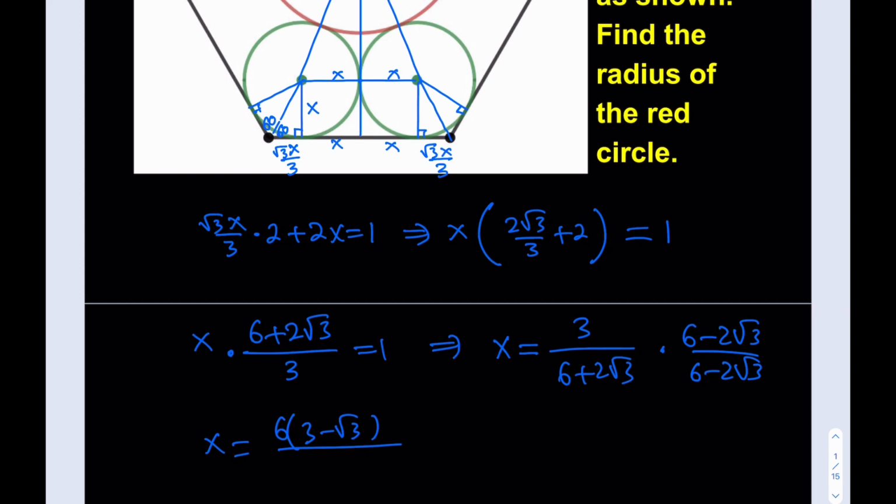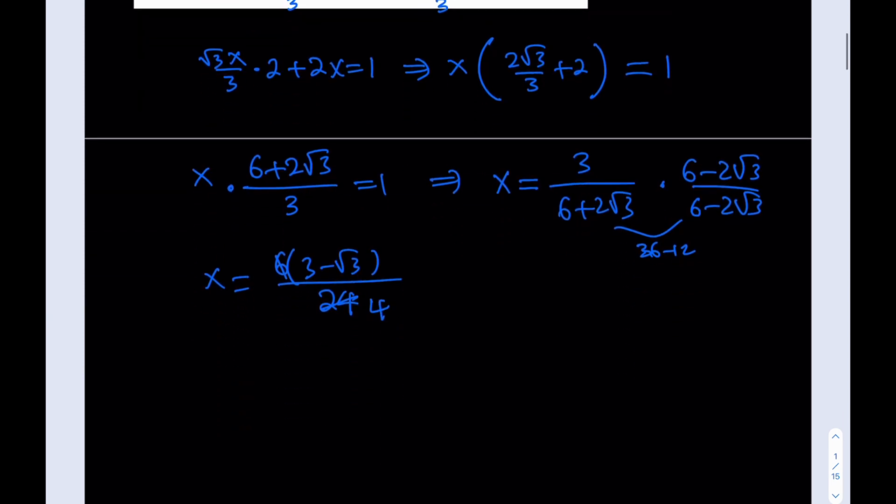When multiplied, it's going to give us 36 minus 12, which is 24. Awesome. Then I can cross cancel. 6 goes into 24 4 times. And now I can write x. x is equal to 3 minus √3 over 4. We're going to use this to find the radius of the red circle.